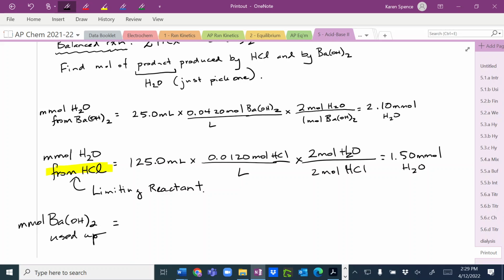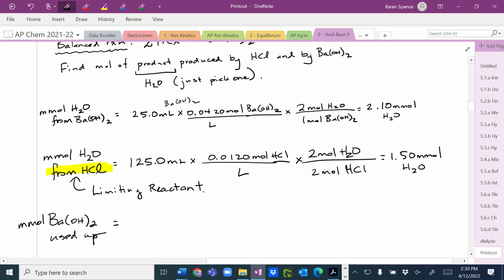If I start with 25 milliliters, I will end up calculating how much Ba(OH)2 I have at the start, because that's the milliliters of Ba(OH)2.